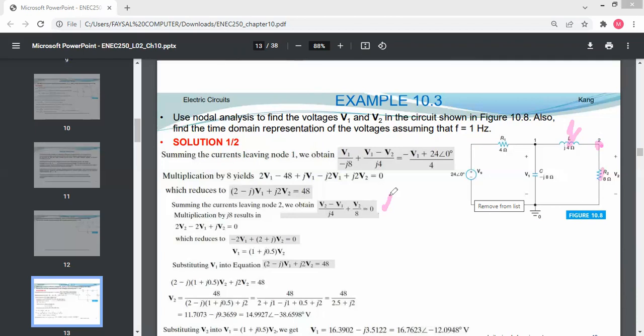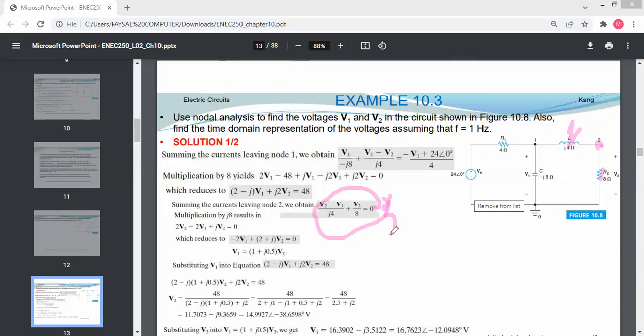So v2 minus v1 divided by j4, again plus v2 divided by 8 equals to 0. After simplification, this is the primary equation.